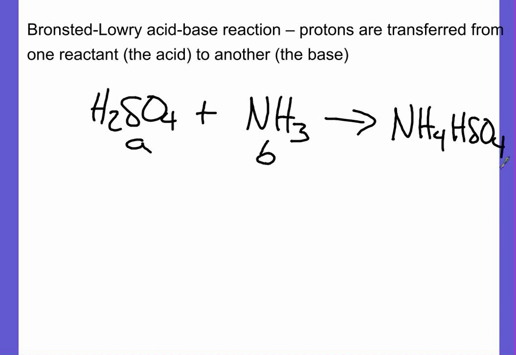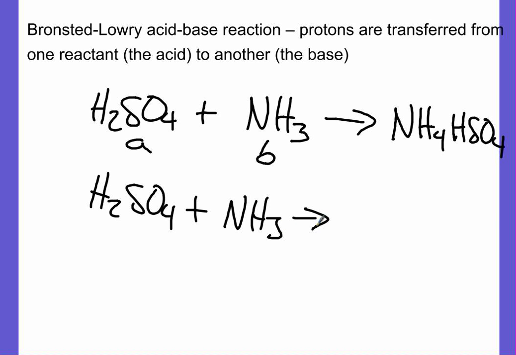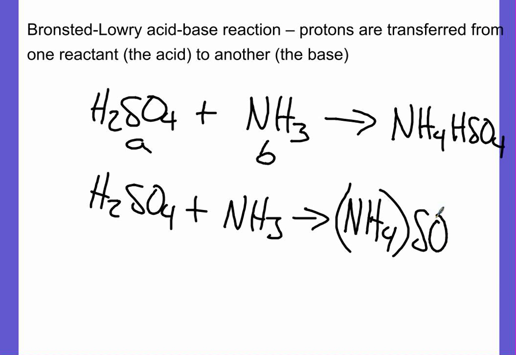If I had enough of this base, though, you should understand that I could actually accept all the protons from this acid, and I actually could react this completely and end up with ammonium sulfate, but then I'd need two ammoniums per sulfate to make it balance.